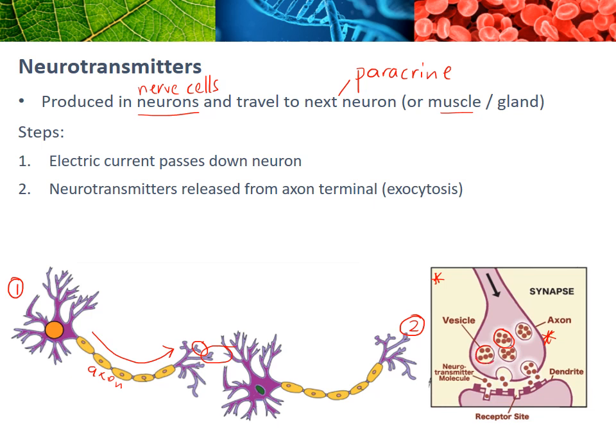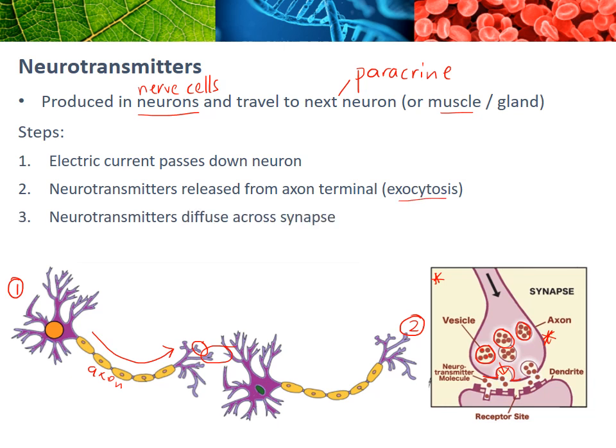They're vesicles, same as how we've looked at it when we've looked at the plasma membrane. So vesicles, and they have neurotransmitters inside. Okay, so the vesicle will fuse with the plasma membrane and it will release its neurotransmitters.